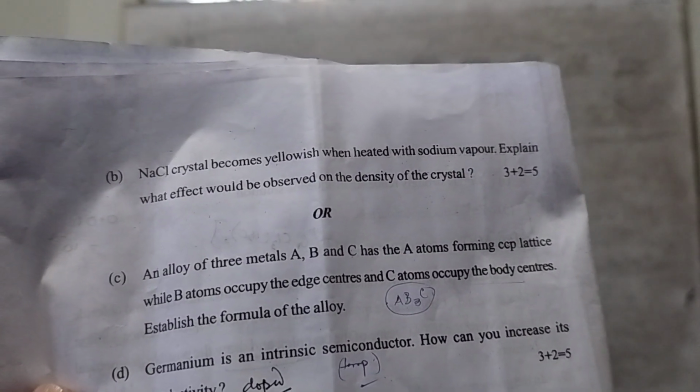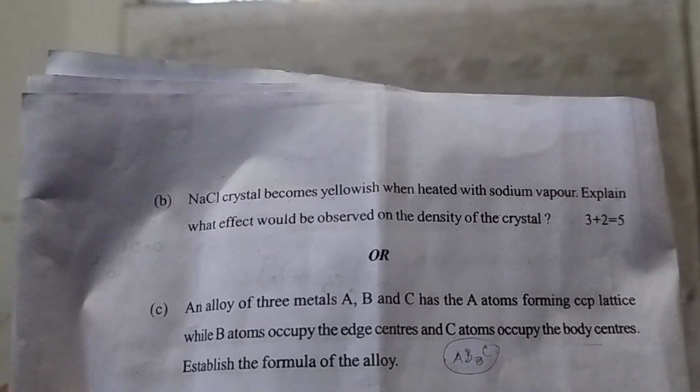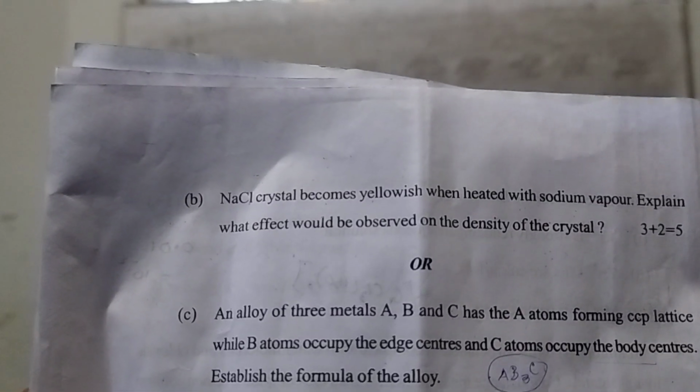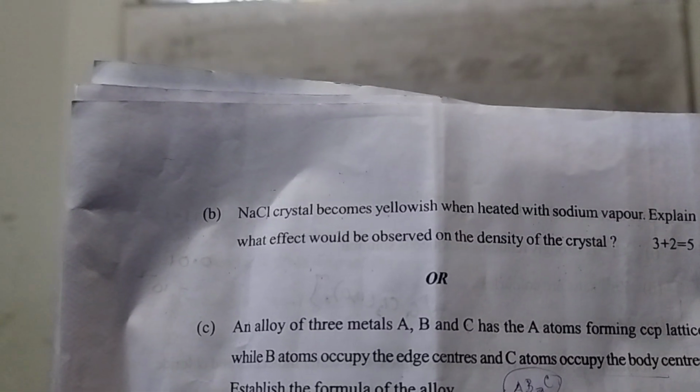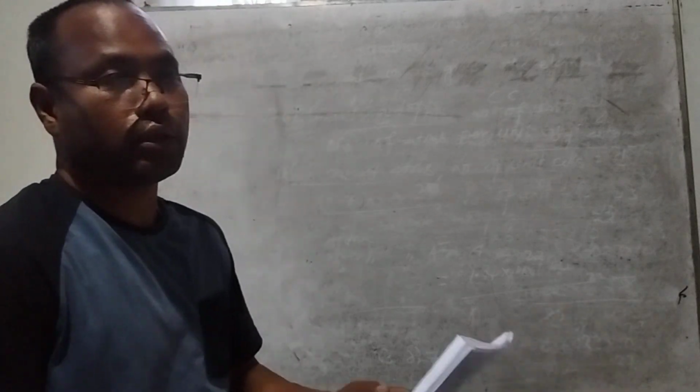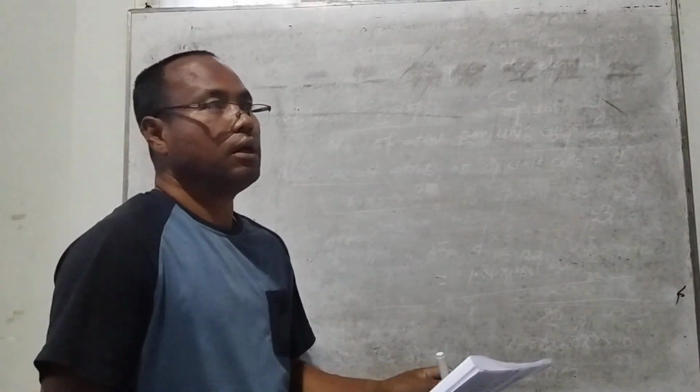Sodium chloride crystal becomes yellowish when heated with sodium vapor. Explain what effect would be observed on the density of the crystal. Right, so this question is from the defects of solids. In solid defects, we have 2 different types of defect: one is the stoichiometric defect, another is the non-stoichiometric defect.